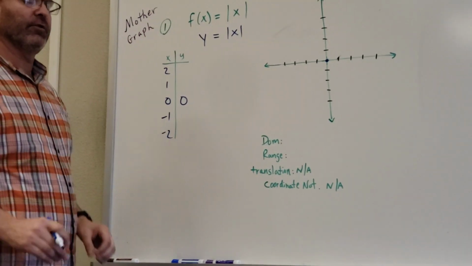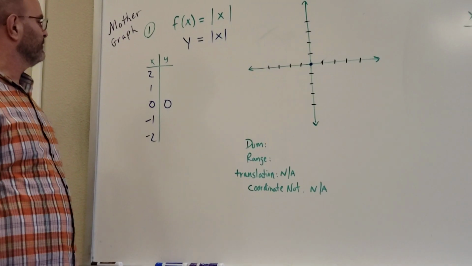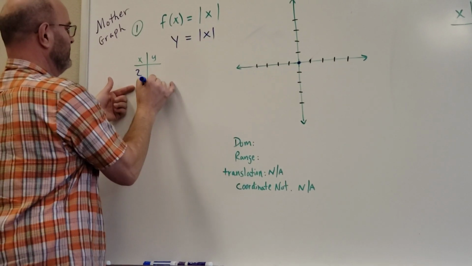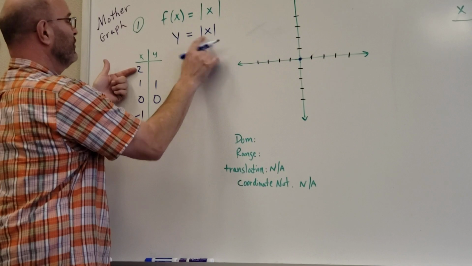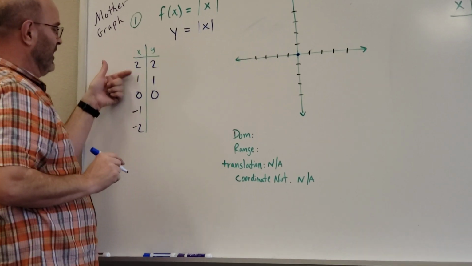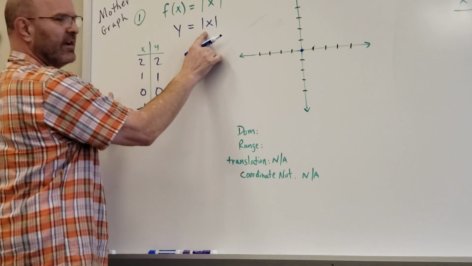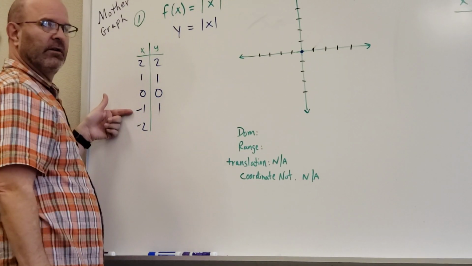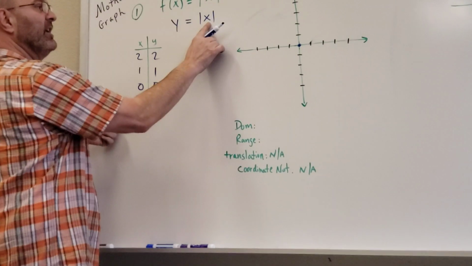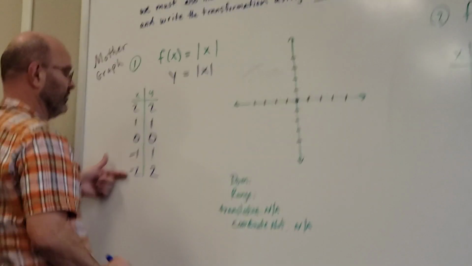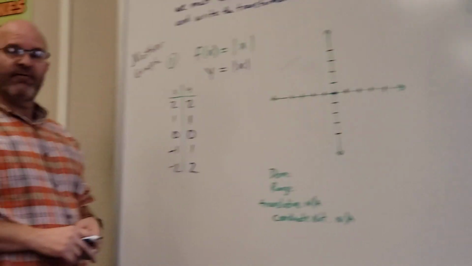These output values will happen very, very quickly. When I plug in 1 here, the absolute value of 1 is 1, and the absolute value of 2 is also 2. When I plug in -1 for x, notice the absolute value of -1 is +1. And the absolute value of -2, I'm plugging in -2 for x, is +2. So now I know my 5 points.